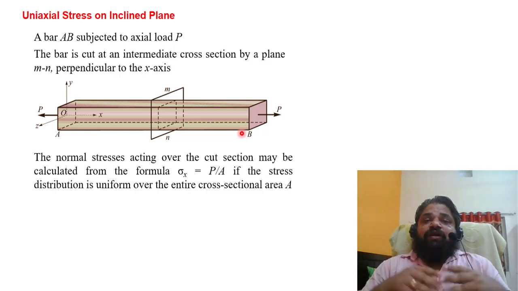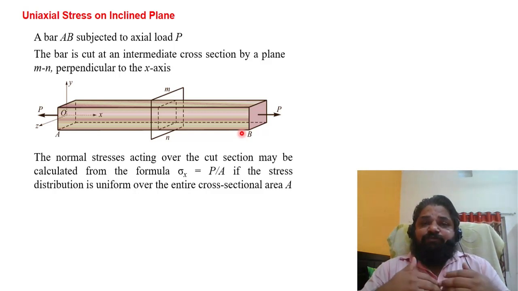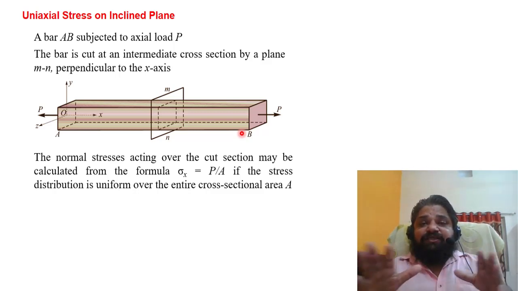Since it is easy to represent and define physically, the mathematics is easy for a rectangular cross section, where the area is A into B. For a circular area I have to introduce pi by 4 d square or pi r square, and for a triangle, half into B into H. So the complexity of all these areas is not simple.